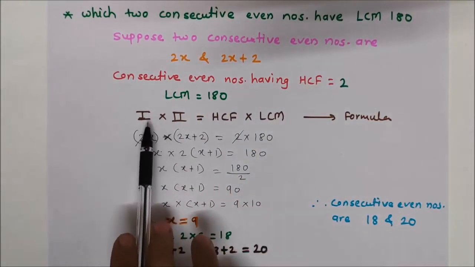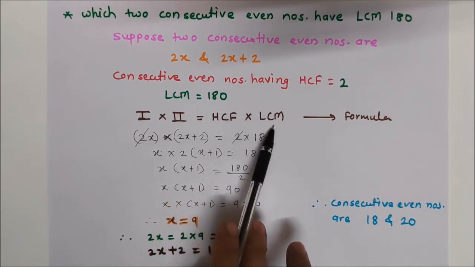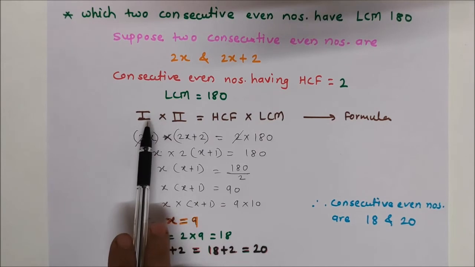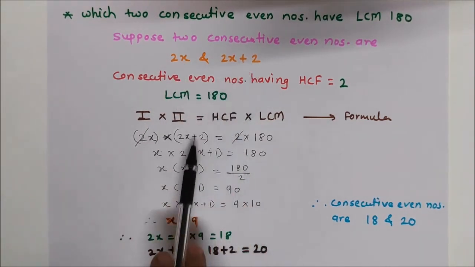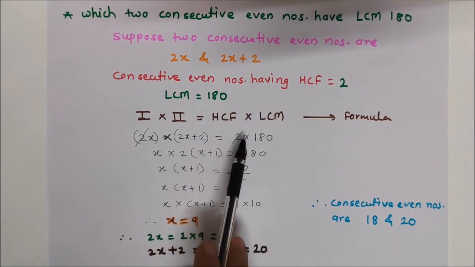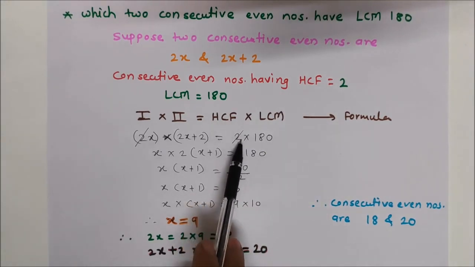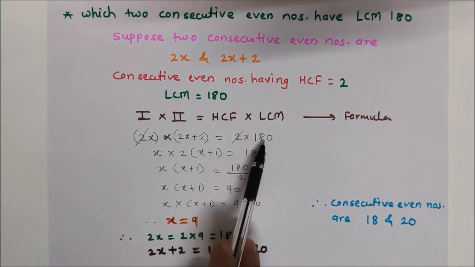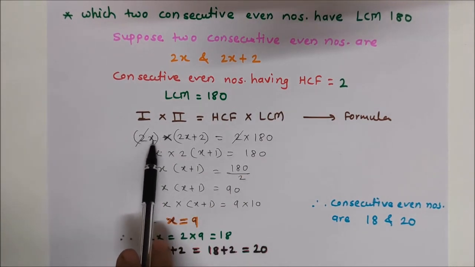We know the formula: the product of two numbers is equal to HCF into LCM. So 2x into 2x plus 2 is equal to HCF 2 into LCM 180.